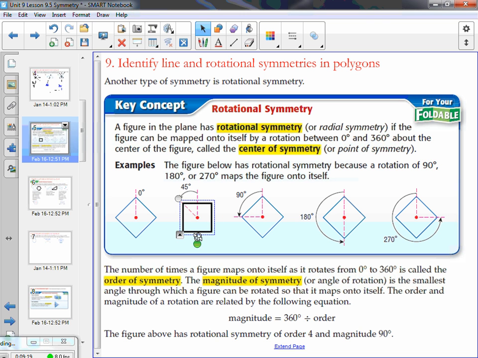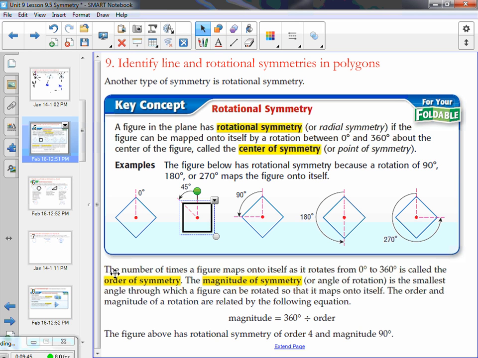And another 90 degrees, it's identical to what I started with. Another 90. So the original 90, that was 90 degrees. Another 90, that's 180. Another 90, that's 270. And then 360 doesn't really count because when I've gone all the way around the circle, it better look like it started, correct? Okay. So it does have rotational symmetry.